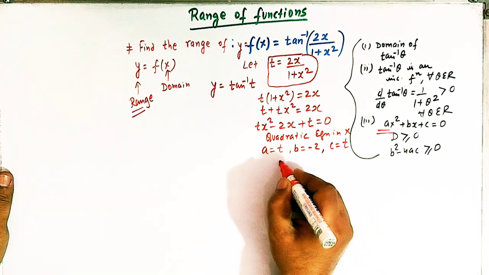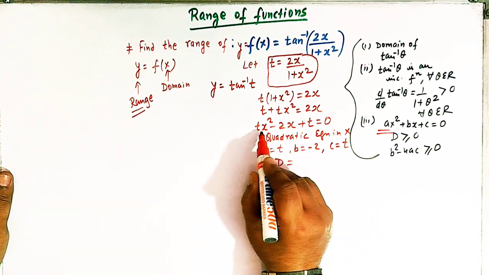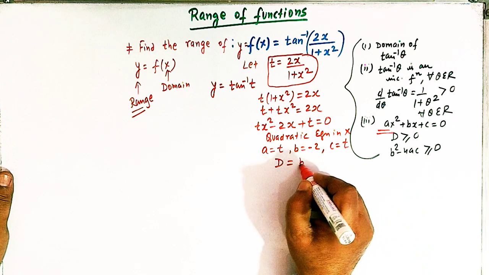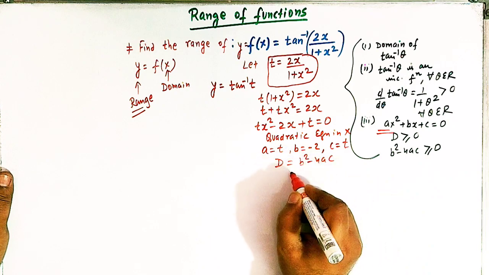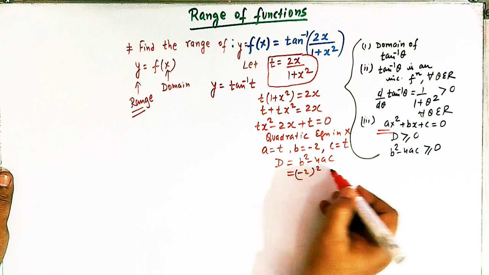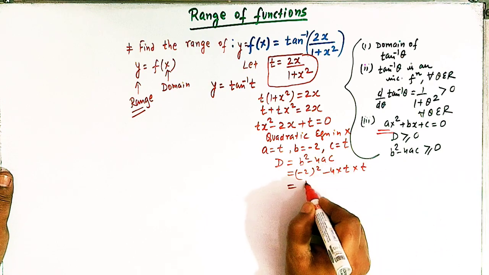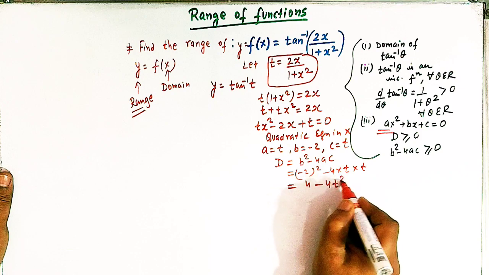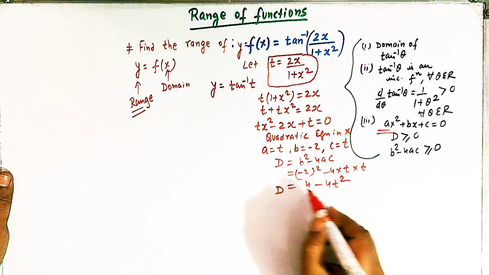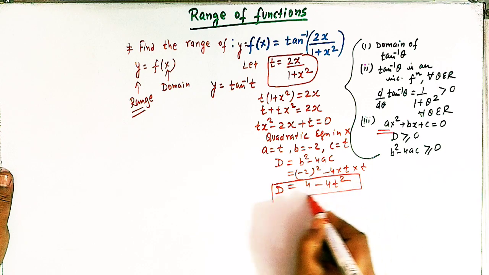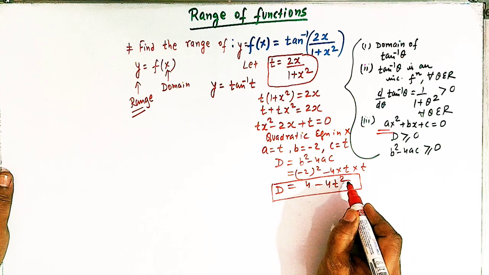So now let us calculate the discriminant of this quadratic equation, which is b square minus 4ac. So we have minus 2 square minus 4 times t times t. So this is 4, and here we have 4t square, right? So now we have the discriminant as 4 minus 4t square.